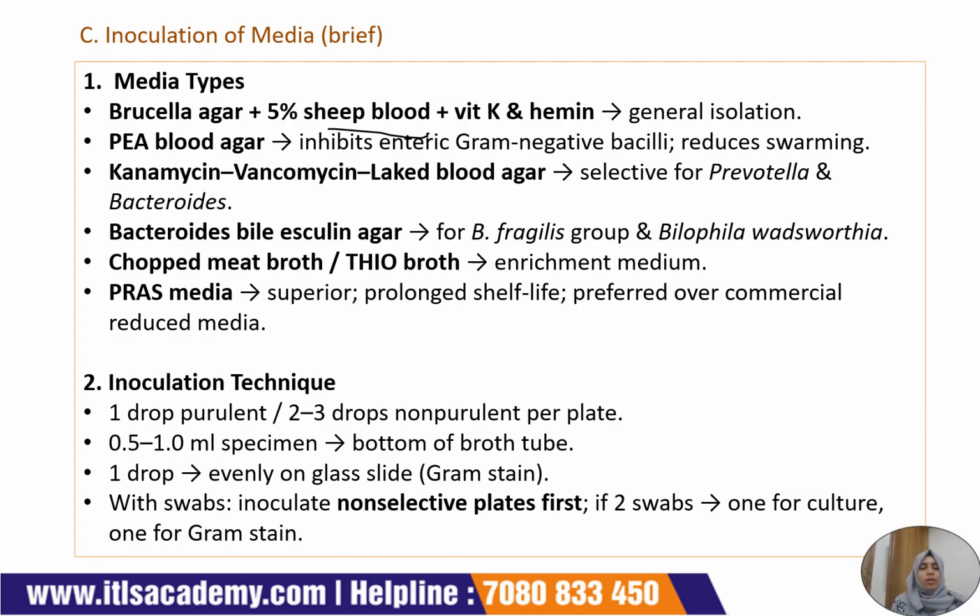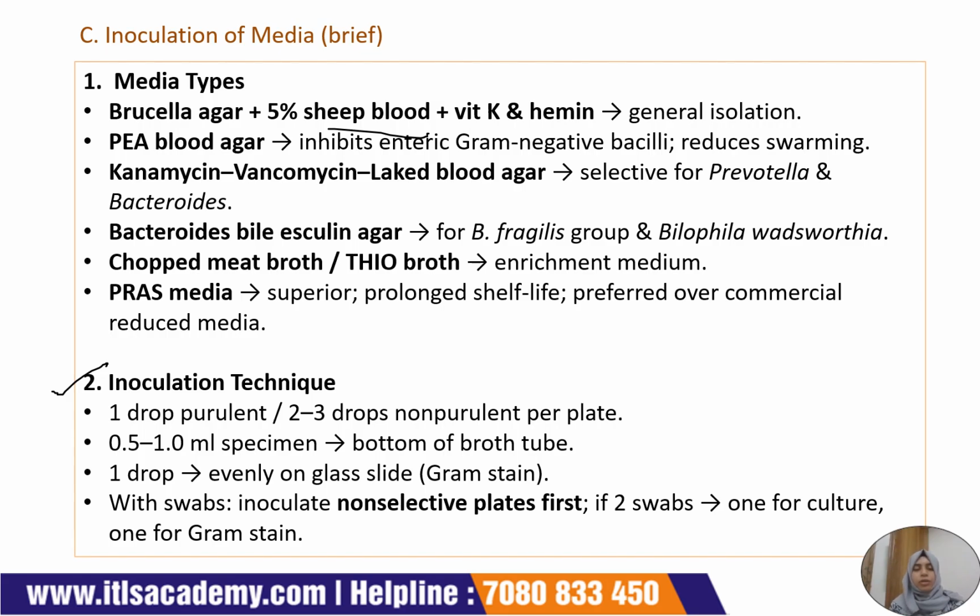PRAS media is also preferred as superior, and it provides prolonged shelf life and is preferred over commercial reduced media. For inoculation techniques, one drop of purulent or 2 to 3 drops of non-purulent material per plate is provided.